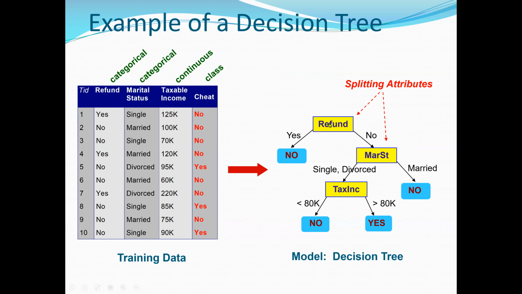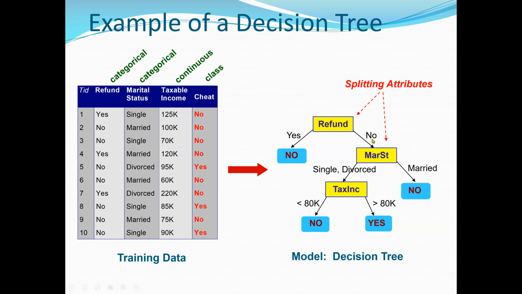Here we are assuming refund is the best attribute to use to split, so we have refund, yes or no. Based on the data set, we know that if a taxpayer gets a refund, surely they are not going to cheat, so we don't need to test any other variable.